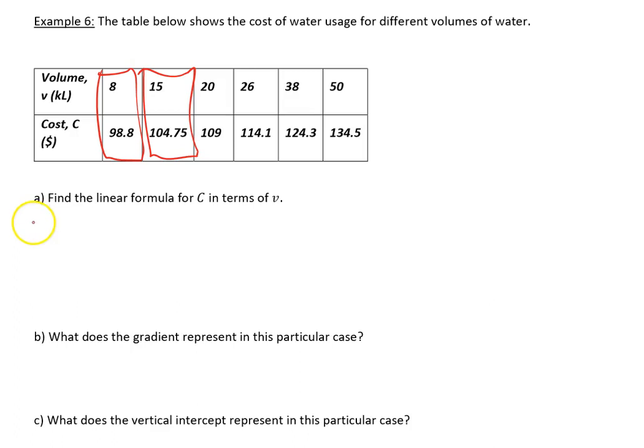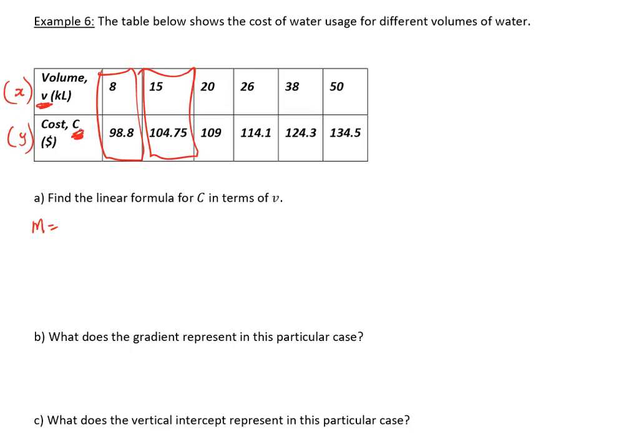So, my gradient is the difference in the dependent variables. That's the bottom row. I'm just going to put a little x and y here as a reminder. They're not actually x's and y's. In this case, we've decided to use v and c, but we treat them exactly the same.